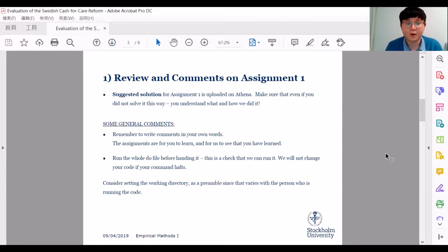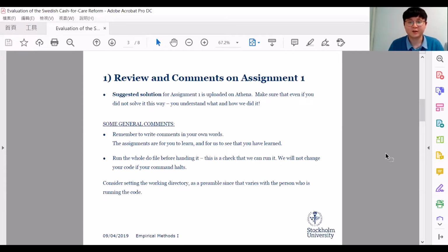So I will upload the suggested solution for assignment 1 in Athena. Make sure that even if you did not solve the assignment in this way, you understand what and how we did it.